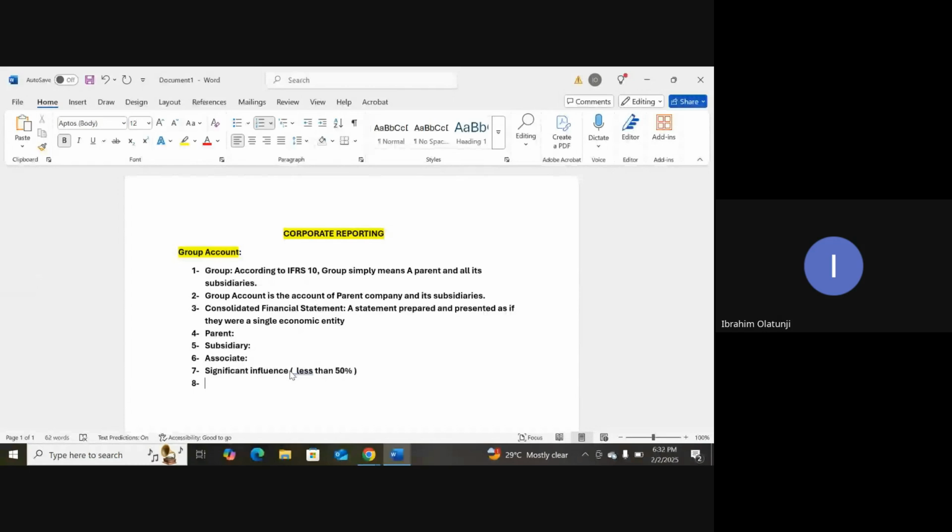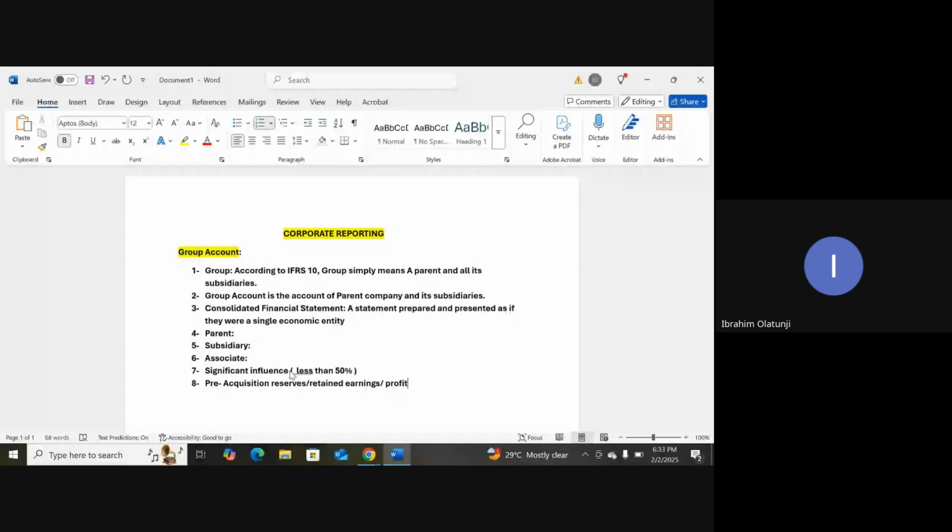Another thing that we also need to think of is called pre-acquisition reserve, or retained earnings, or profit.